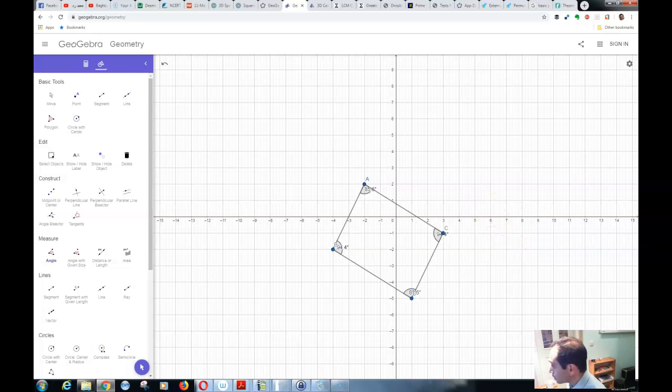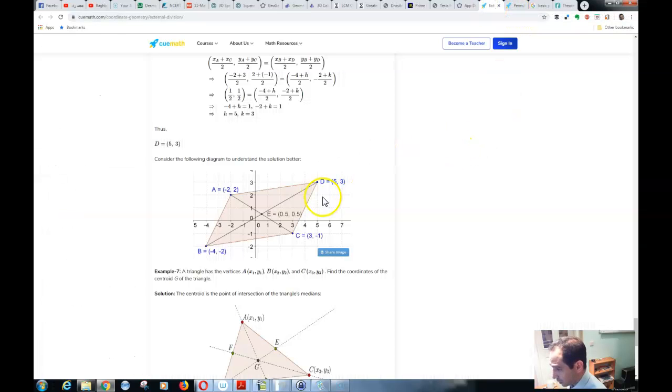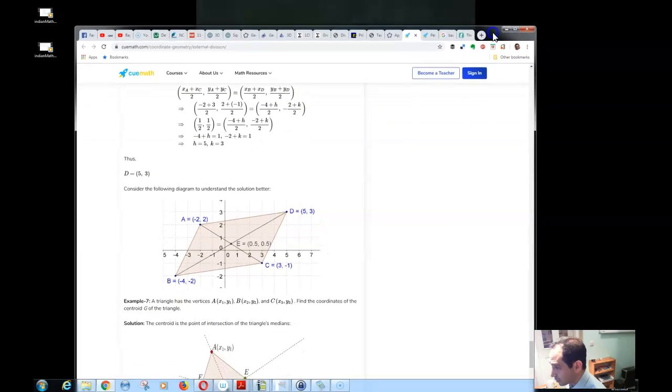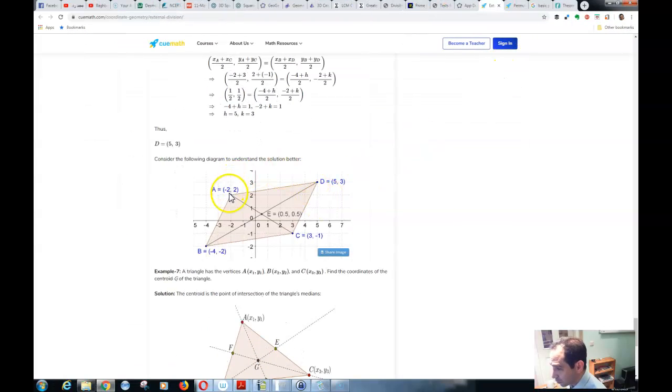Or I can even come back to the solution here, and they have found, as you can see, these are the exact points that we have over there, negative 2, 2. I need to close some of these tabs sometime because I really don't know where I am.